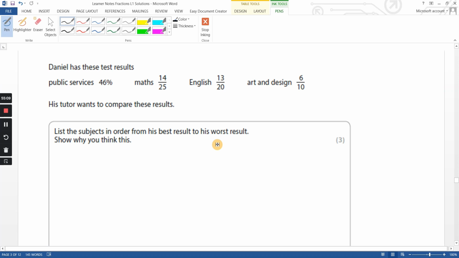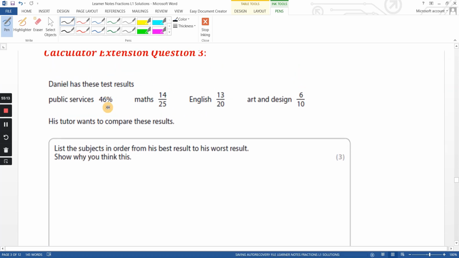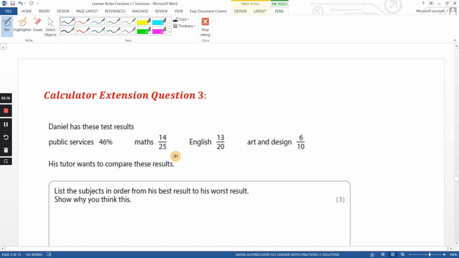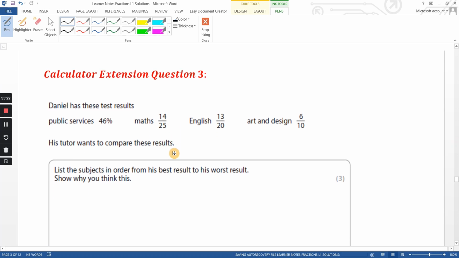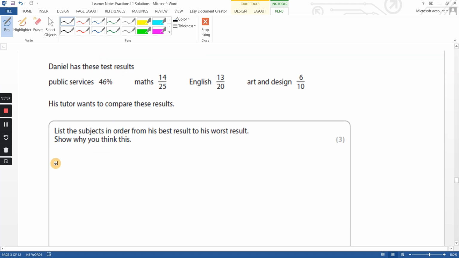3 marks. So we've got a combination of mainly fractions. We've got percentages as well. We have done percentages before. If you're not sure, do have a look at my video on percentages. Well, percentage is just a fancy fraction, you know, out of 100. So in fact, let me rewrite all these.